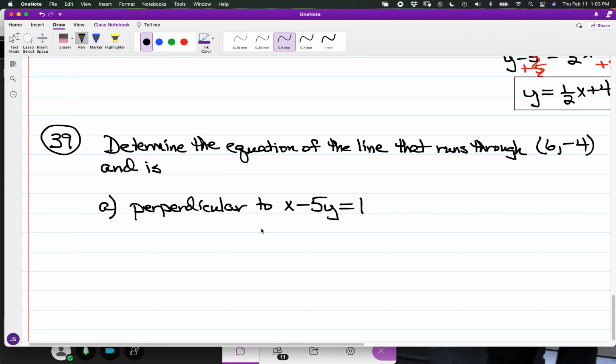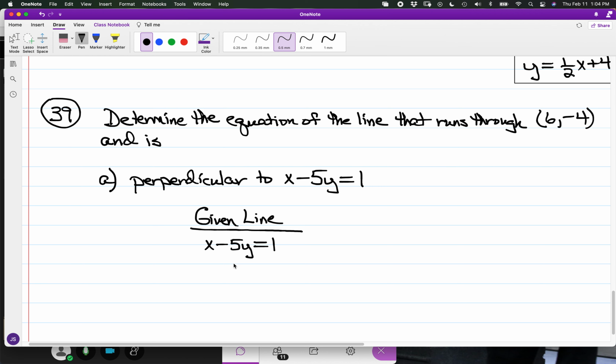So if we look at the perpendicular, for the given line we have x minus 5y is equal to 1, and we're looking at determining the slope-intercept form, and thus the slope of the given line.